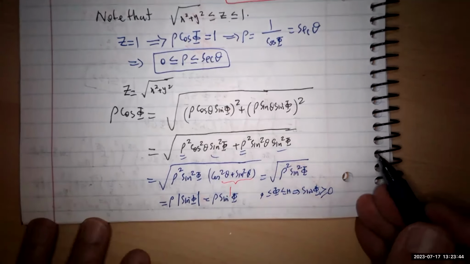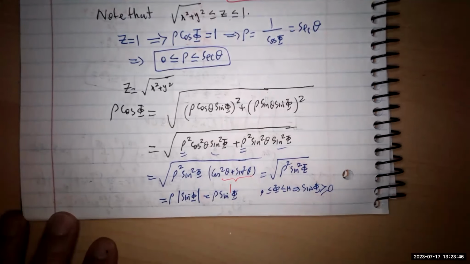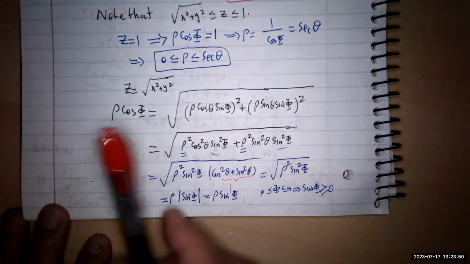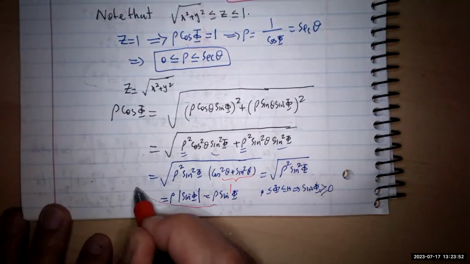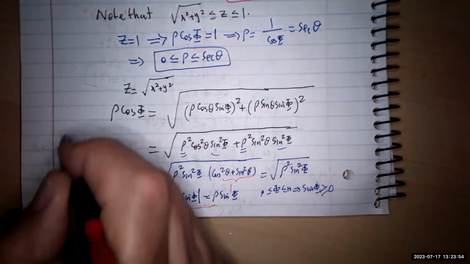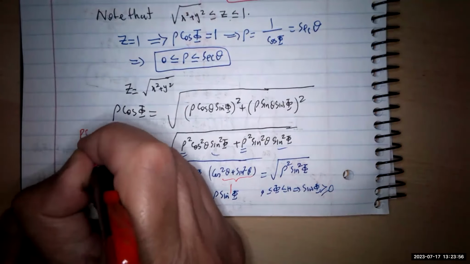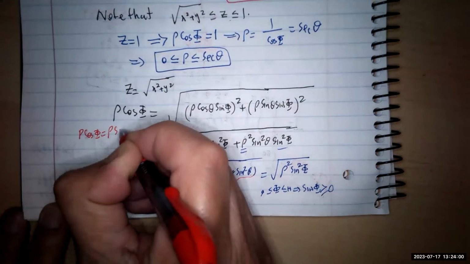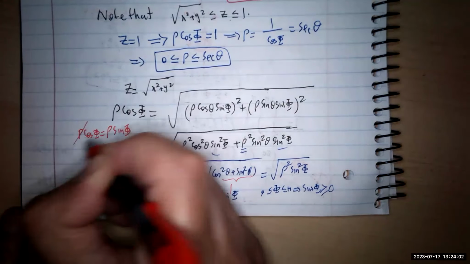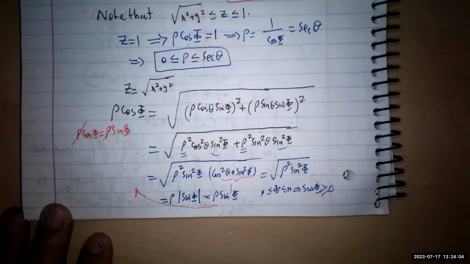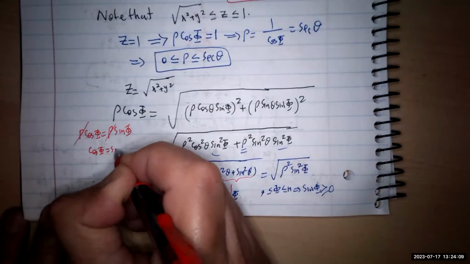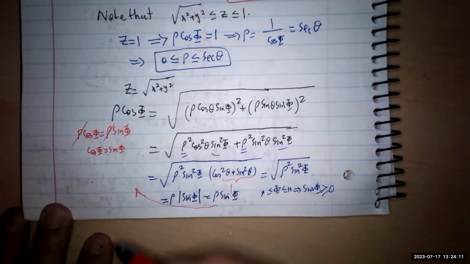Okay, so if you put them together, what do you have? Remember, you start with, I put it over here to show you, rho cosine of phi is equal to rho sine of phi. So the rho and rho cancel out. So I have cosine of phi equal to sine of phi, that angle.